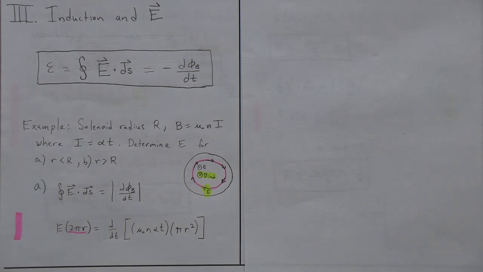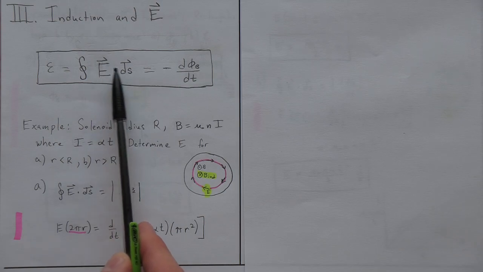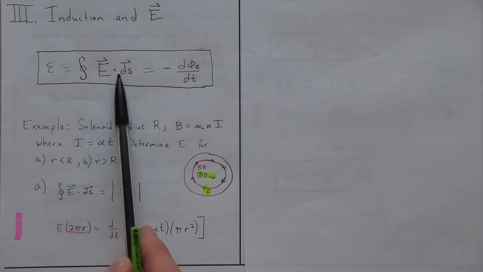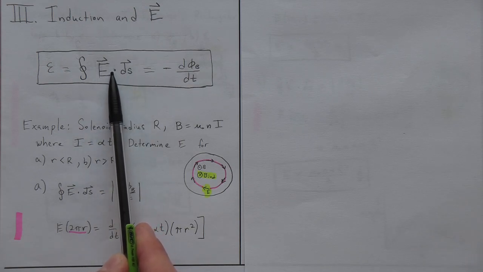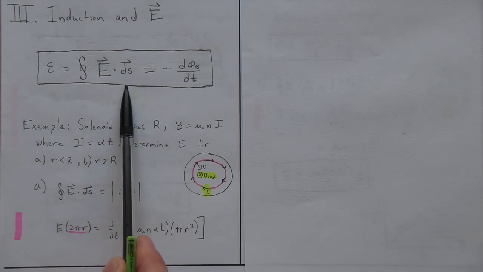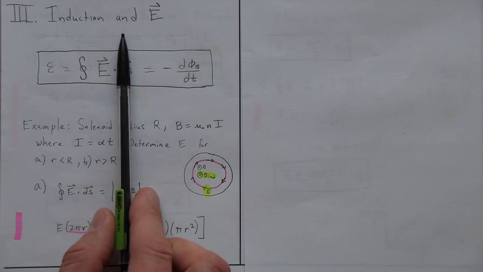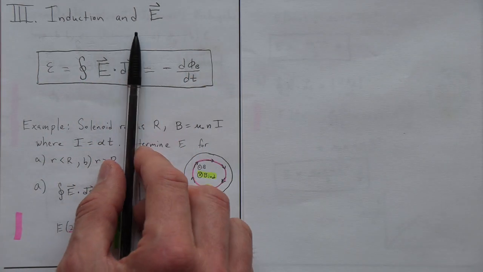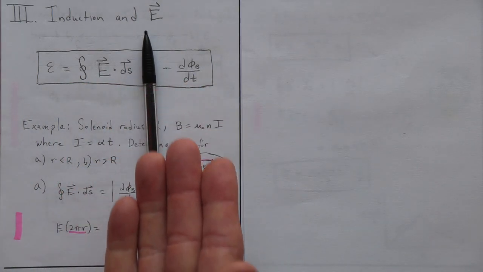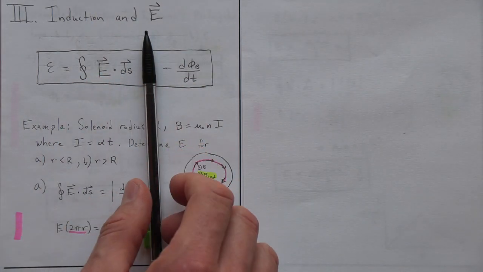And also, remember the math statement, the dot product says that the electric field has to actually be parallel or tangent to the path of integration. That's what the dot product with the vectors means. Like if I'm integrating along this line and the electric field goes this way, like my pencil, and this is my integration, then this is 0 because the dot product of the ds and the electric field, 90 degrees, dot product is 0.